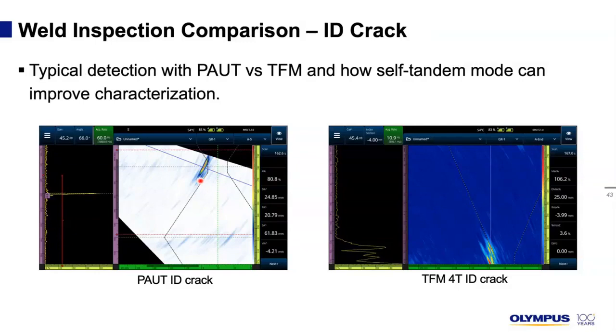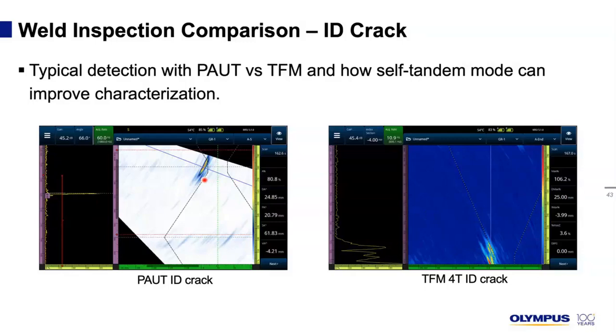This method, when using a pulse echo waveset, is still valid with TFM, and using again the same indication, we can see that the flaw is equivalent in both cases. We have the corner trap, tip diffraction, corner trap, tip diffraction. Basically, the flaw signature remains the same, but we have more resolution with TFM.